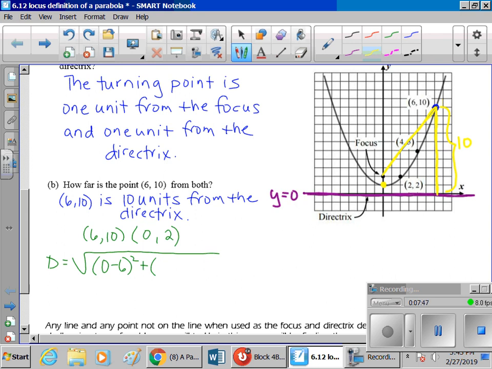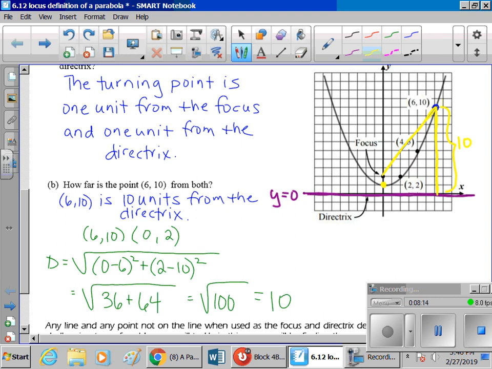So this is equal to the square root of 6 squared, which is 36, plus 2 minus 10, which is negative 8, squared, which is 64. Beautiful thing is when you square them, they both turn positive. So this is equal to the square root of 100, which is equal to 10. Yay, that's what we need.